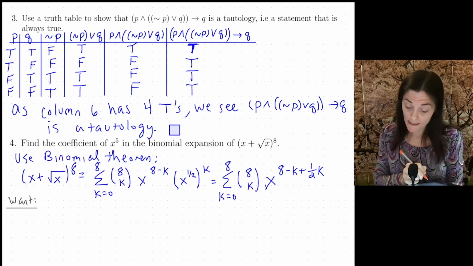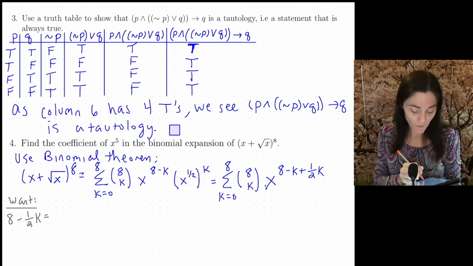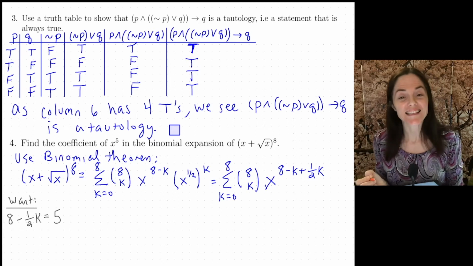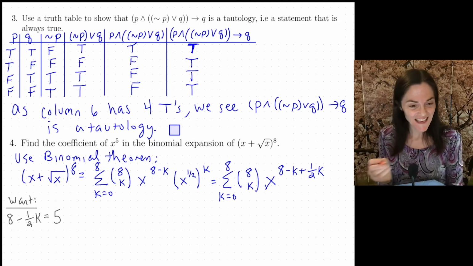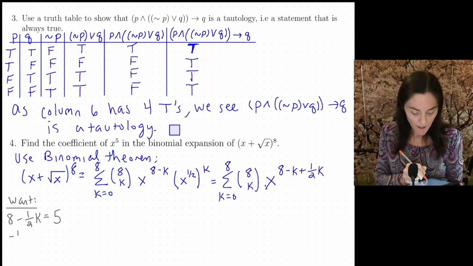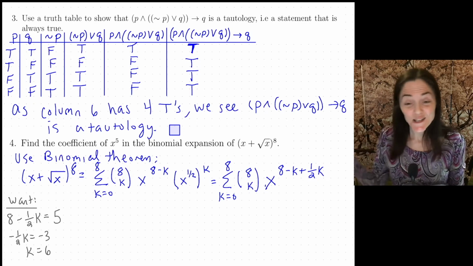Well, we want this power, 8 minus 1/2 k, to be equal to, we want the coefficient of x to the 5. Now you see we can solve for k. We get minus 1/2 k is minus 3, and this gives us k as 6. That's the term that we want.